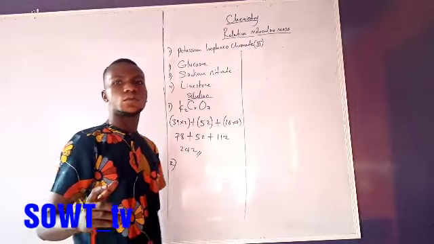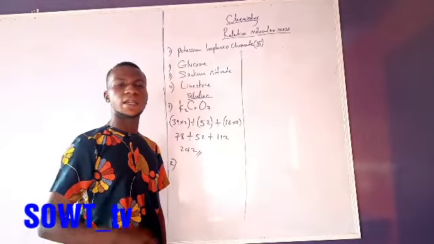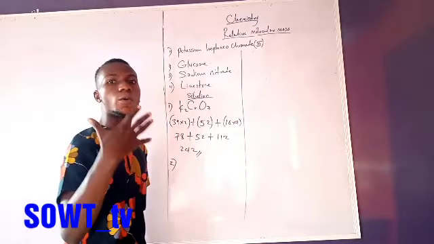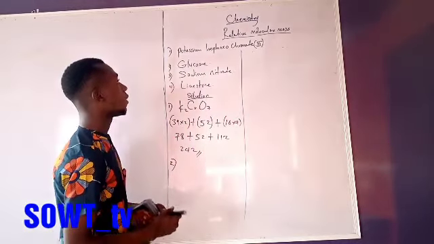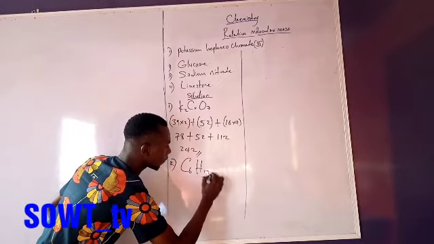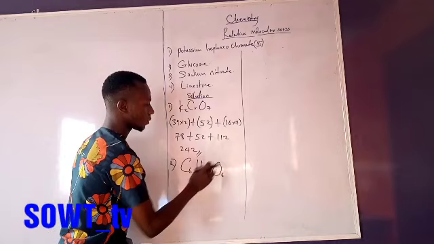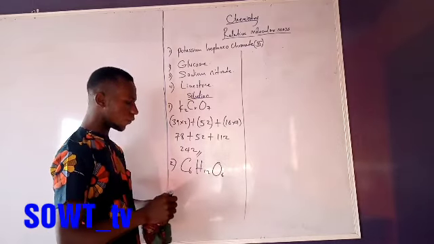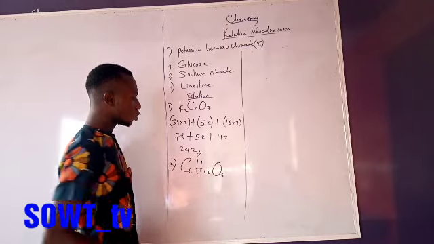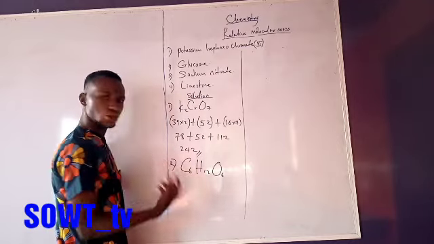For a chemistry student, you should be able to arrive at the correct molecular formula of a compound. So glucose has C6H12O6. So you want to solve for that now.